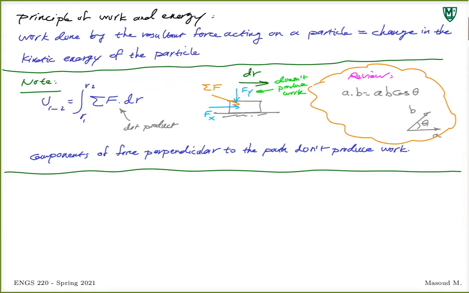You just have to be focused on the tangent component of the force, and as long as you know the path, how much you moved on the path, like that delta S going from point 1 to point 2, how much is your displacement? Multiply that by the tangential component, you're good, because the normal component does not produce work. Just as a note, an extension of this note. Well, a note to a note, I guess.